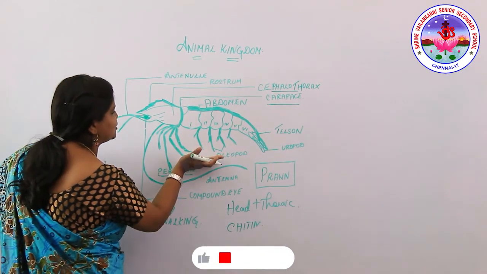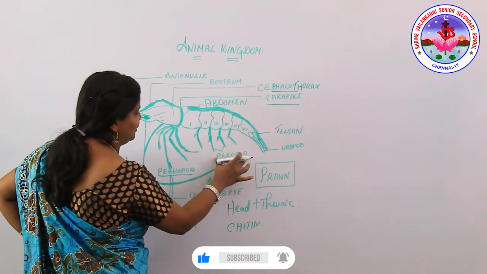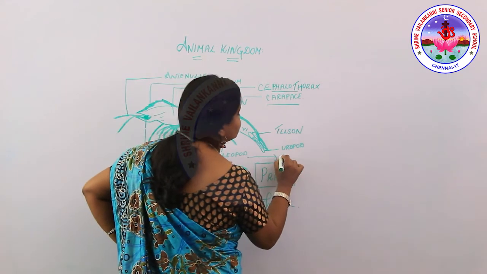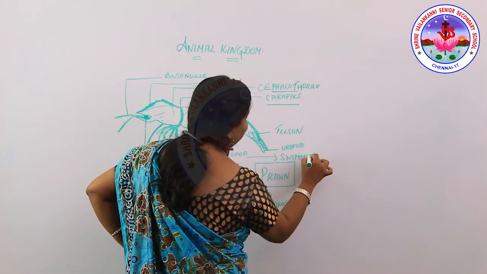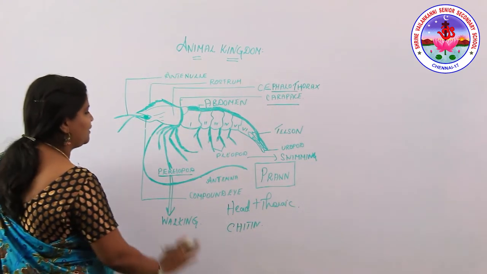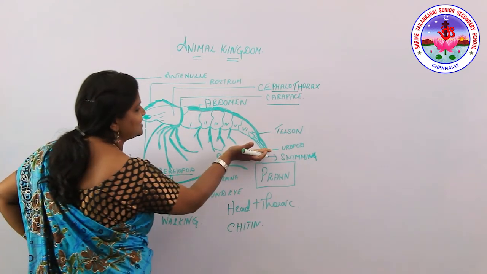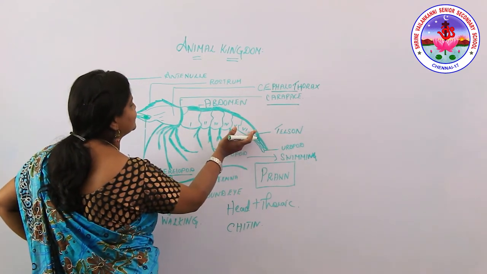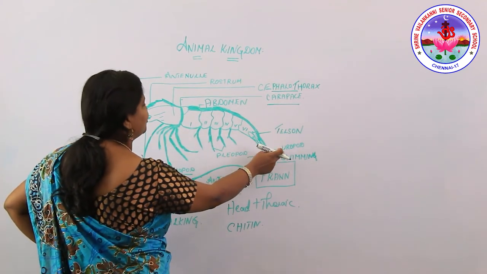The abdominal region also bears legs called pleopods. The pleopods are helpful for swimming in water, so the main purpose of these legs is movement. A special feature of the abdominal region is the last appendage, at the 6th position, which bears the uropod, which is a tail.